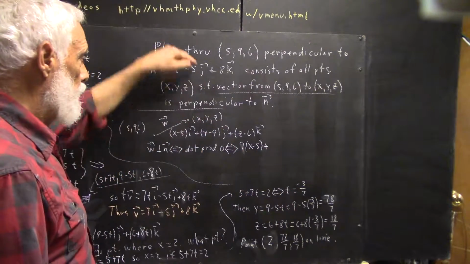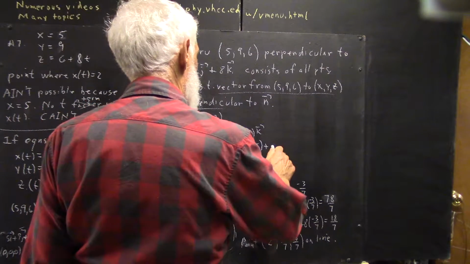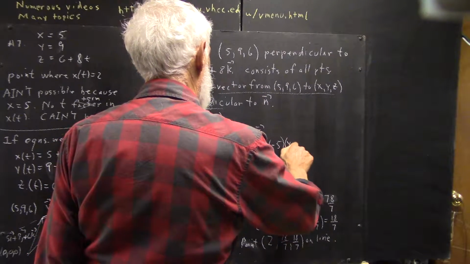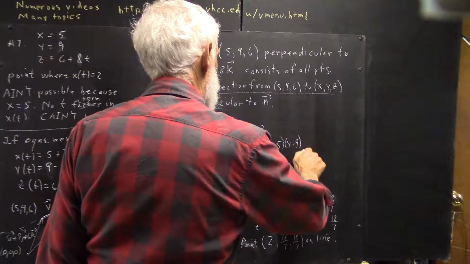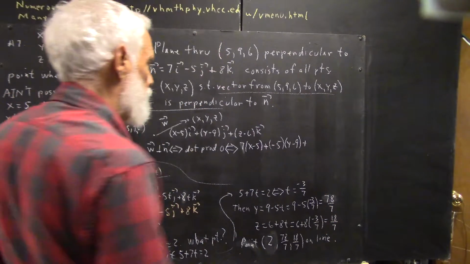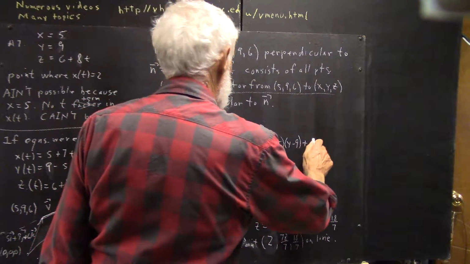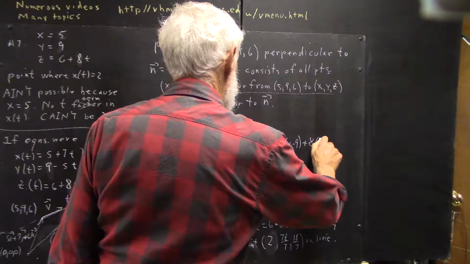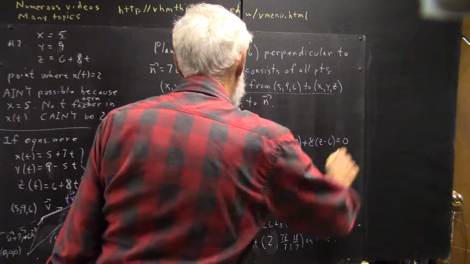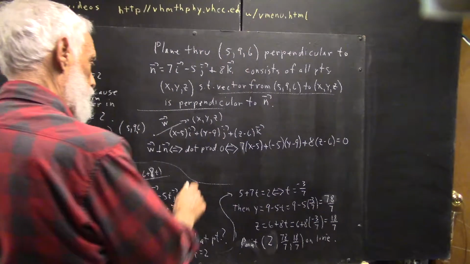The j component times the j component is negative 5 times y minus 9. And the k component times the k component is 8 times z minus 6. That should equal 0.